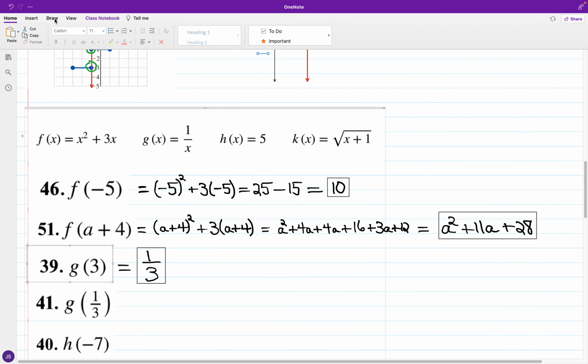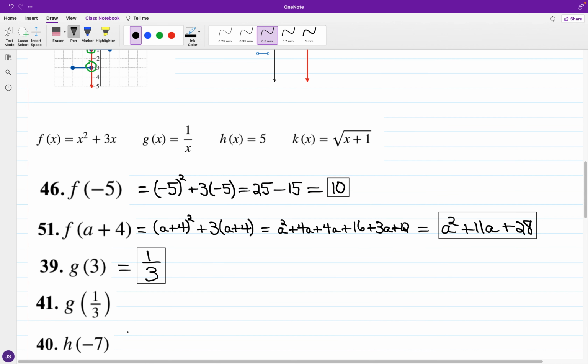Now, for the case of 41, we've got g of 1/3. For this one, 1/3 is going to represent x. So in this case, we're not going to have 1 over 3, but 1 over 1/3. And so I have division by a fraction.